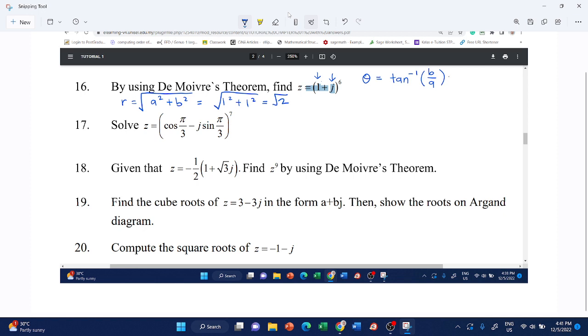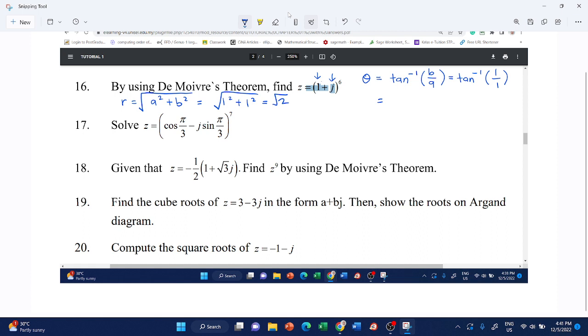So if we substitute here, we have inverse tangent. Your b is 1 over 1, so you have inverse tangent of 1. So what is your theta? Inverse tangent 1, that's your unit.